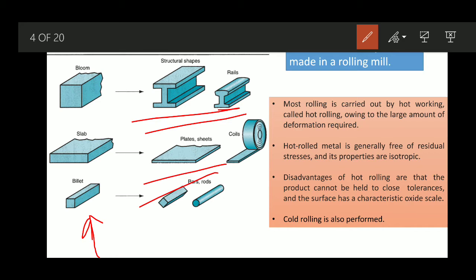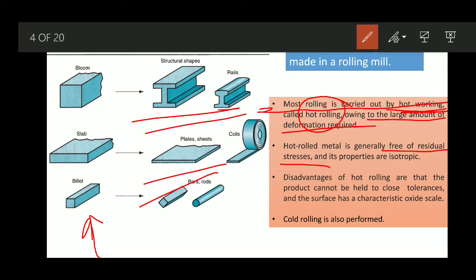In rolling we are talking about higher reduction of cross sectional area, so most rolling processes are carried out by hot working. In rolling, this hot working is nothing but hot rolling. We generally do it because a large amount of deformation is required. As in other hot working processes, hot rolled products are generally free of residual stresses, and the properties are isotropic in nature.